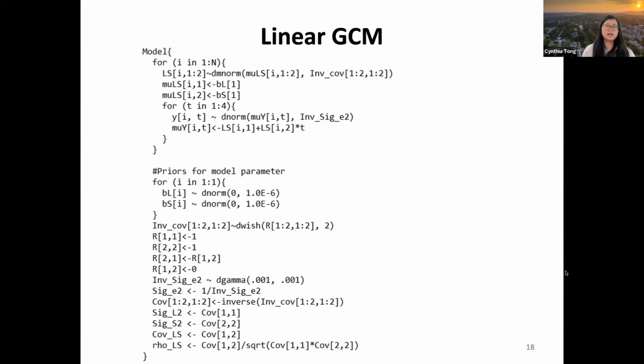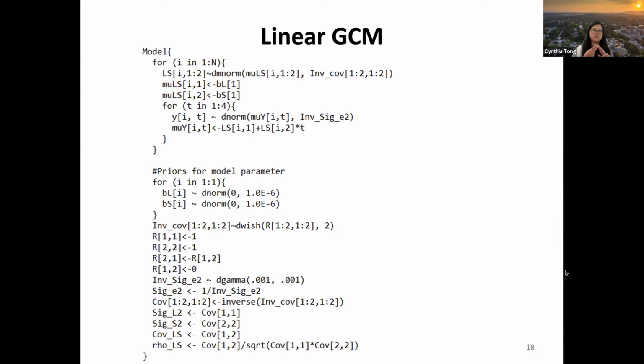Okay, so for JAGS code, to conduct Bayesian analysis, we need a few important components. The first part is your model part, and you basically specify your model in JAGS.